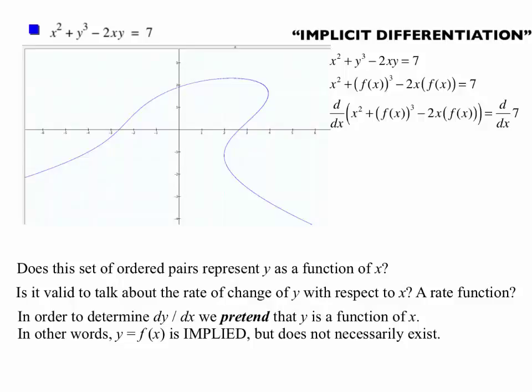Okay, it's going to be 0. We're going to have the rate of change 0 on the right, and we're going to do each one of these. When we get to f of x cubed, and we're taking the rate of change of f of x cubed, what will we have to use? We've got a function plugged into x cubed. So we need chain rule. And then we got 2x times f of x. What are we going to need? Product rule, right? Product rule.